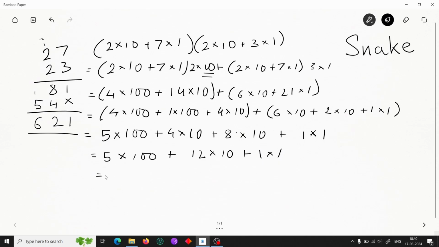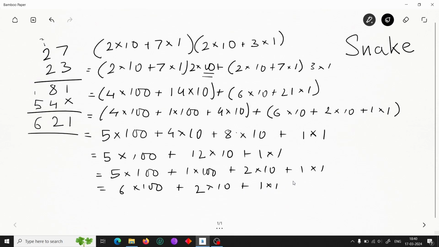Again this 12 can be expanded further, so that would give me 5 times 100 plus 1 times 100 plus 2 times 10 plus 1 times 1, and this 5 plus 1 would become 6 times 100 plus 2 times 10 plus 1 times 1, which finally gives me 621.